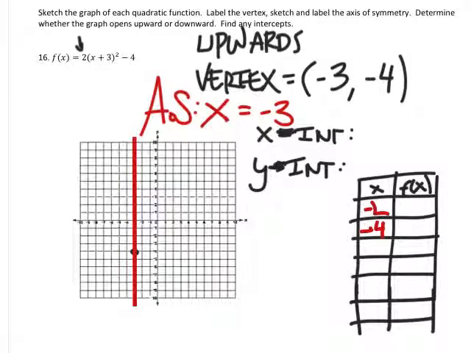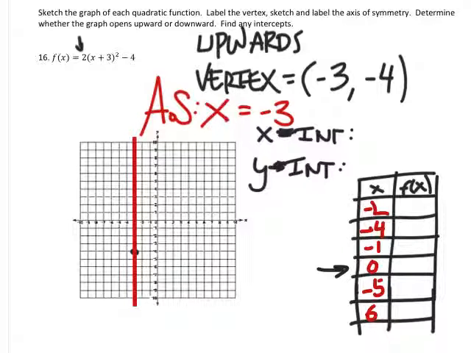Then we'll just move outward from there. We'll have a negative 1 and 0, and also a negative 5 and 6. Let's see if that gets us where we need to be. And by the way, we know that where x is 0, that's going to be our y-intercept. So once we find that value, we will have found the y-intercept.